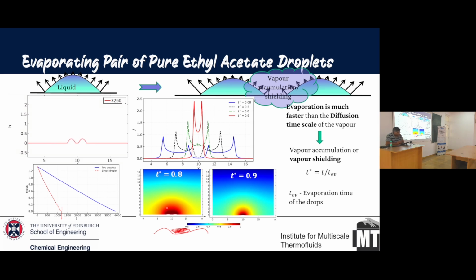Okay, so whenever you have a population of droplets, you will have the effect of vapor in terms of vapor shielding. They can suppress evaporation. If you look at this particular figure, this is basically the rate of mass as it drops because of evaporation. If you look at this particular figure, we are plotting mass flux with respect to the distance as it evolves.